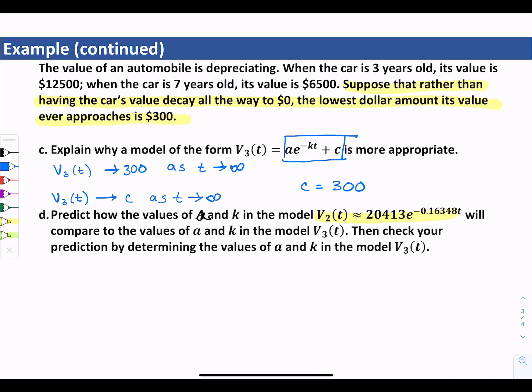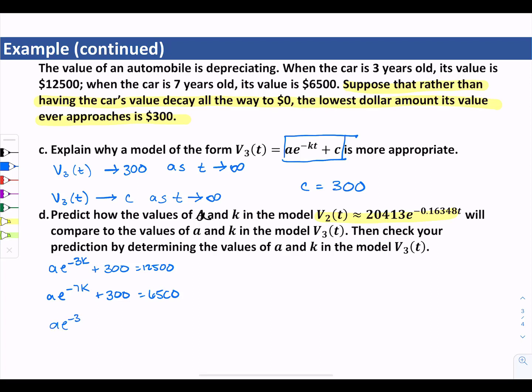So we know that if we let t equal 3, ae to the negative 3k plus 300 would equal 12,500. And we know ae to the negative 7k plus 300, so at 7 years, the value is 6,500. I'm going to subtract 300 from both sides of both of these equations.